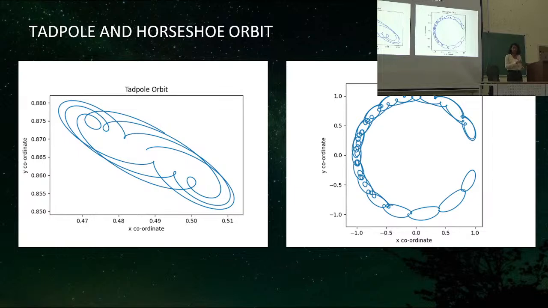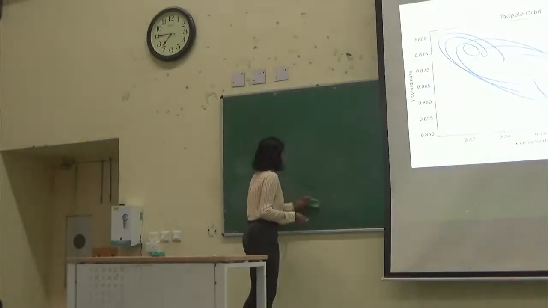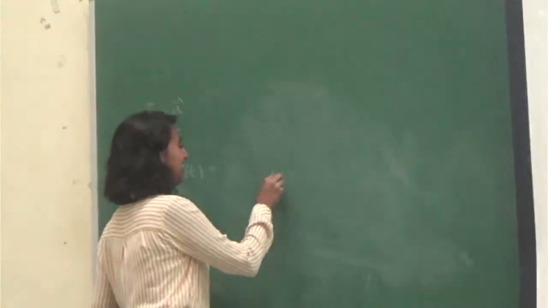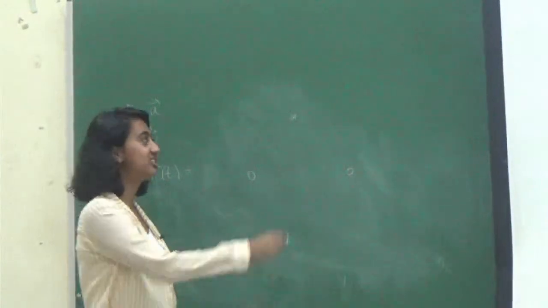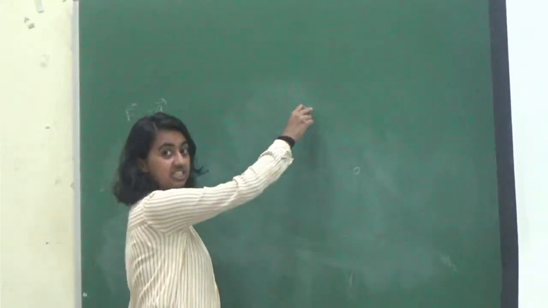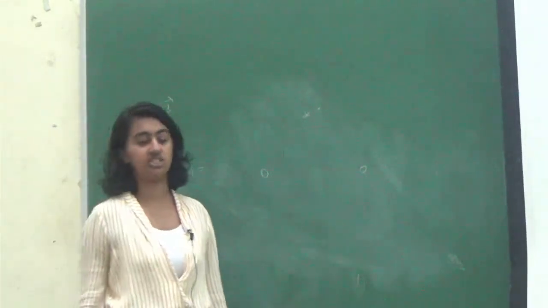Static initial conditions near L4. We start this object from somewhere near here and we give it zero initial velocity.